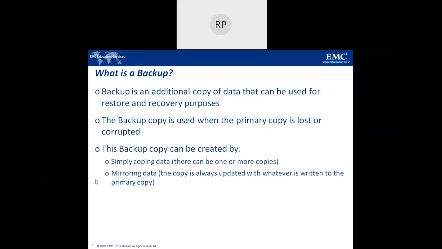This is the difference between simple copying of data and mirrored data. For simple copying, you can take the example of a photograph, and for mirroring, you can use a mirror image. Whatever changes you make, the same changes are going to be displayed in the mirror. This is about what a backup is and how we can take a backup of particular data.